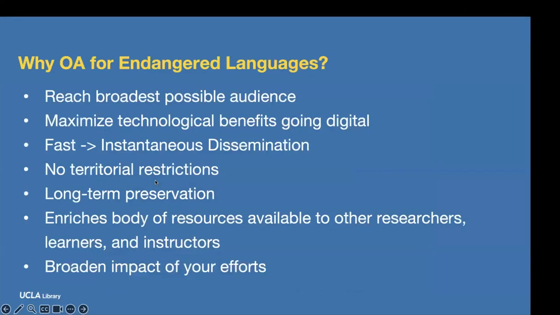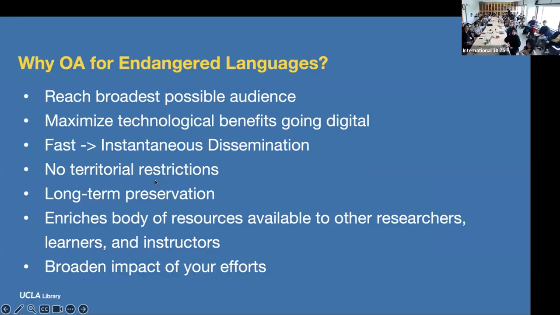So why open access for endangered languages? I was listening to the presenter earlier, and one of the things that struck me was really about the importance of preservation and dissemination. And these are two attributes of the eScholarship repository that are essentially automatic. As soon as your work goes into the repository, you're going to be able to reach the broadest possible audience.